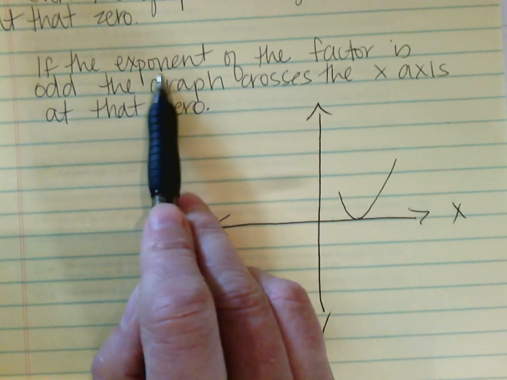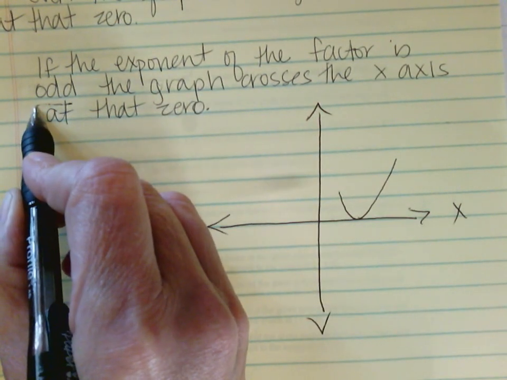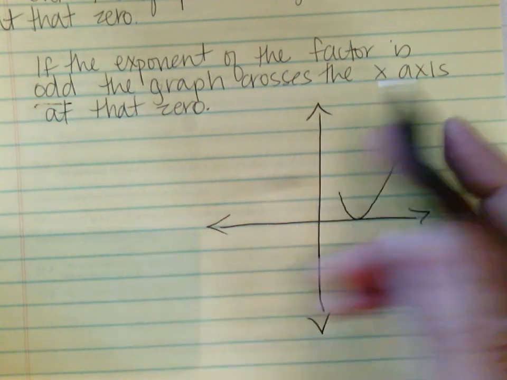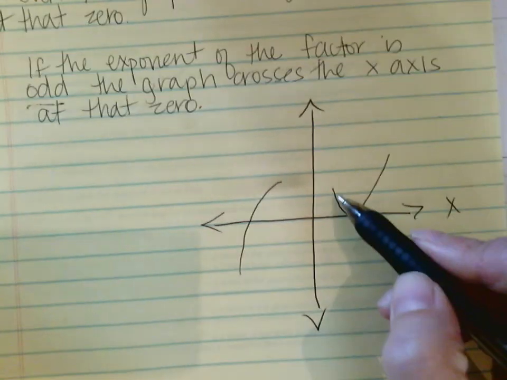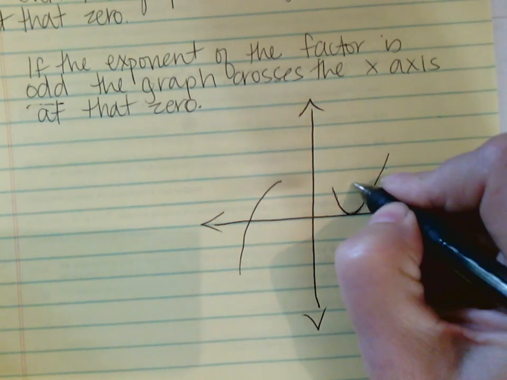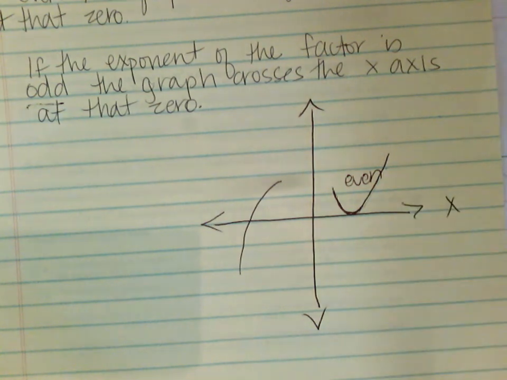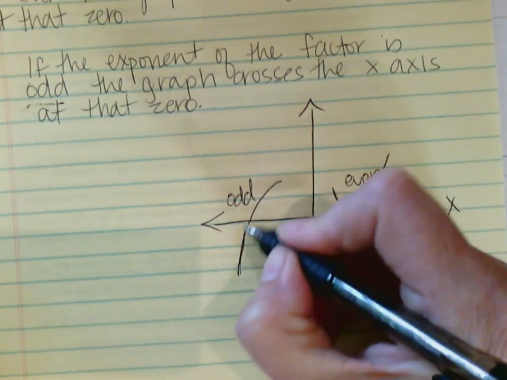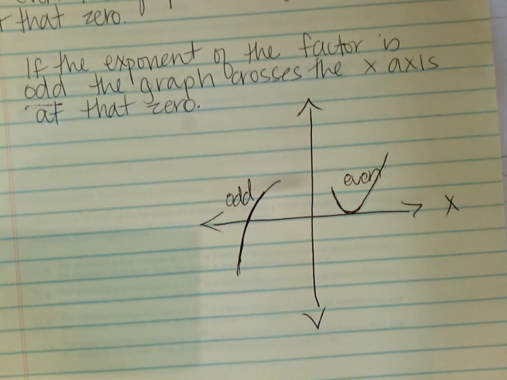If the exponent of the factor is odd, the graph crosses the x-axis at that 0, which means it would cross it instead of just being tangent. So again, an even exponent makes the graph tangent at that 0. An odd exponent makes the graph actually cross through the x-axis at that 0.